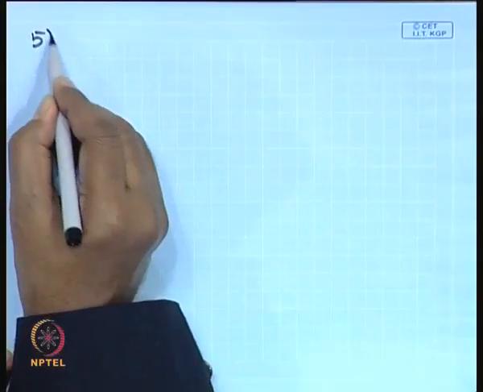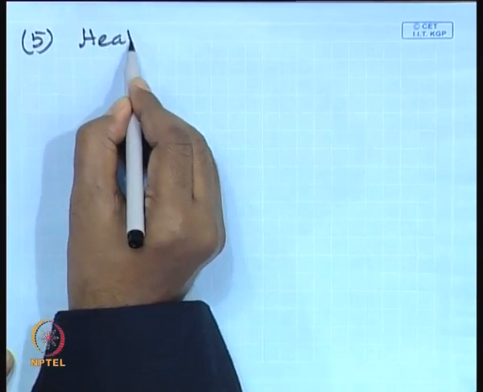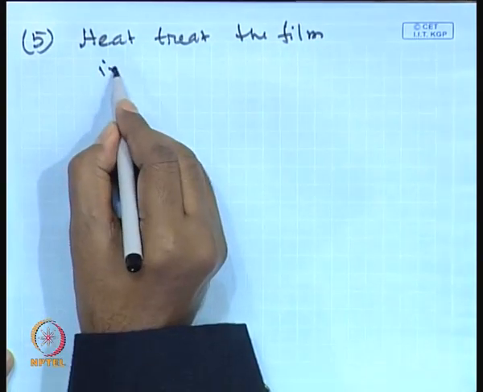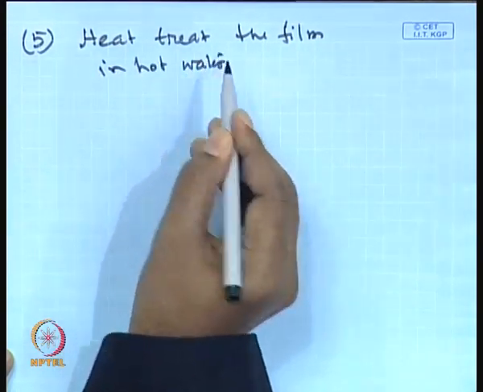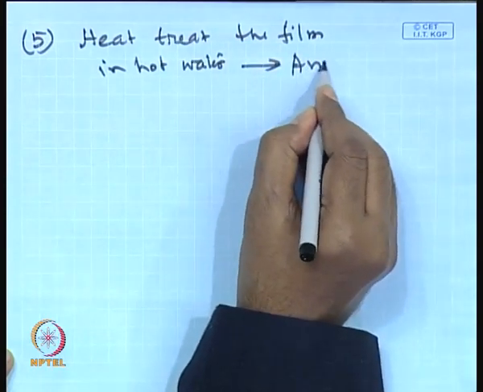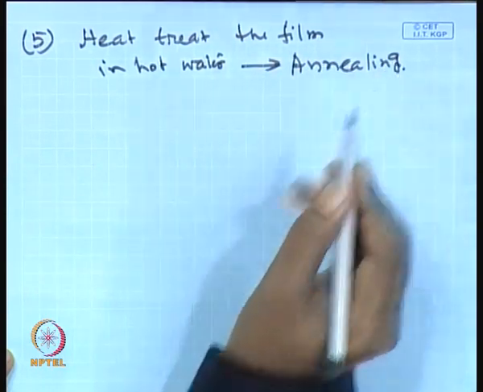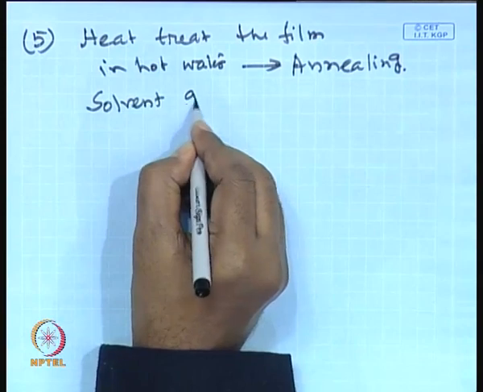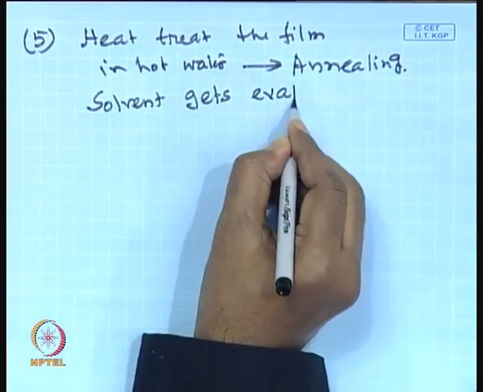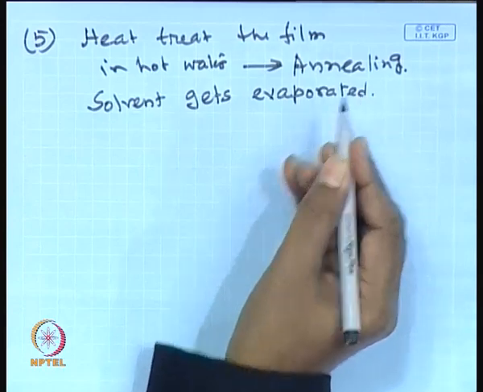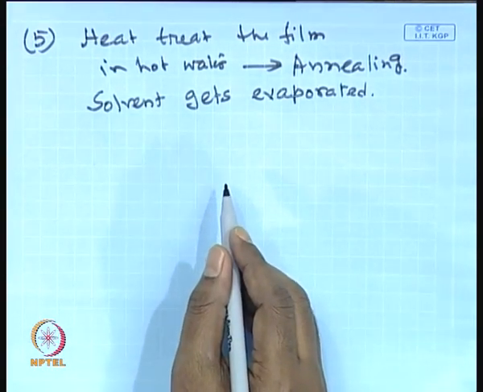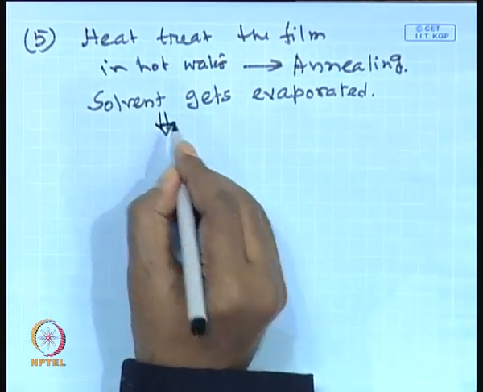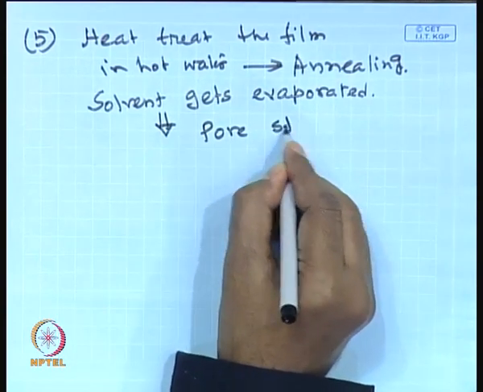We heat treat the film in hot water, and this process is known as annealing. During this process, the solvent gets evaporated from the polymeric matrix. During evaporation, it creates the pores, which results in a pore structure or pore network.